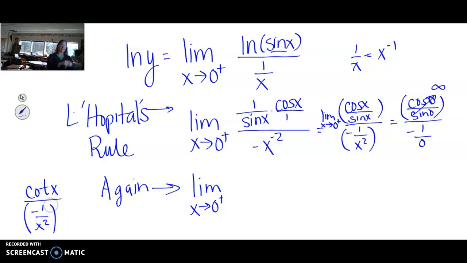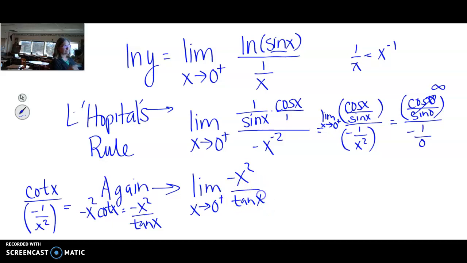Well, if I flip and multiply, I can rewrite this as negative x squared times cotangent of x, or since cotangent is the reciprocal of tangent, negative x squared over the tangent of x. If I put in 0, I'm going to get 0 over 0, which is, again, indeterminate form.